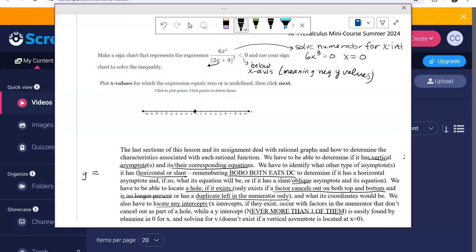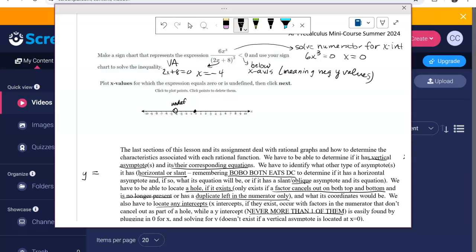And right here, if I solve the denominator for the vertical asymptote, I get -4. And I'm going to put an open dot there because that is undefined. It is not part of the domain. Okay, so I've got these splits. I've got this left side, I've got this middle section, and I've got this right side.